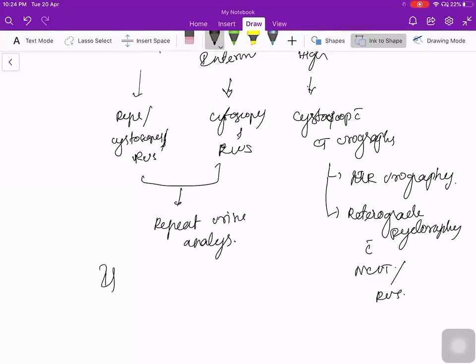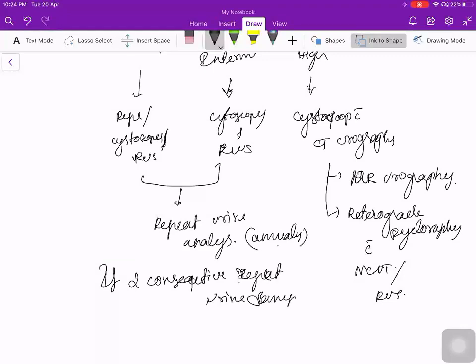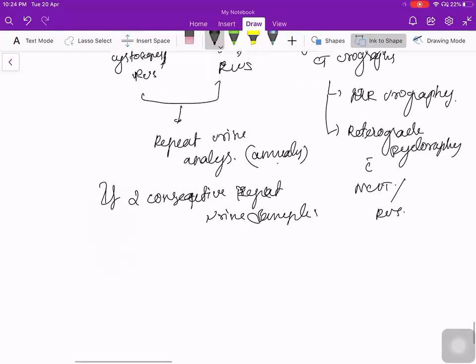The main thing is if two consecutive annual repeat samples are negative, there is no need for further workup.